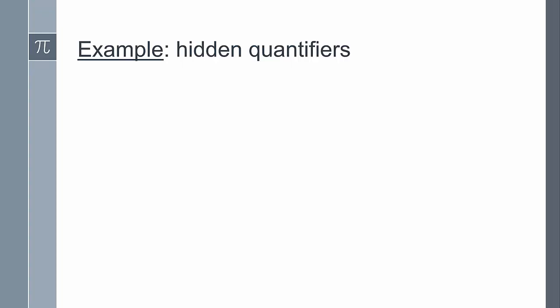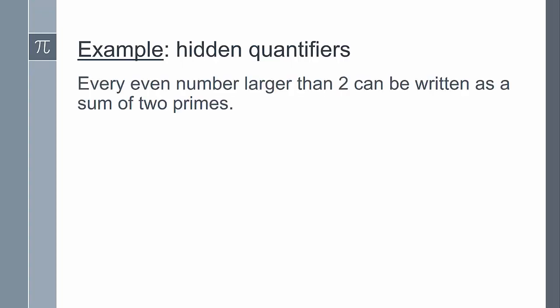Let's look at another example of hidden quantifiers. Consider the statement: every even number larger than 2 can be written as a sum of 2 primes. Just like I did in the last example, I want to first rephrase this by showing the hidden quantifiers and writing this as an if-then statement.